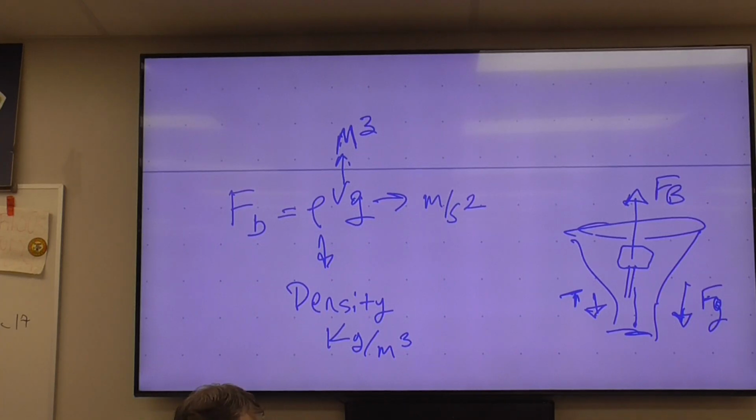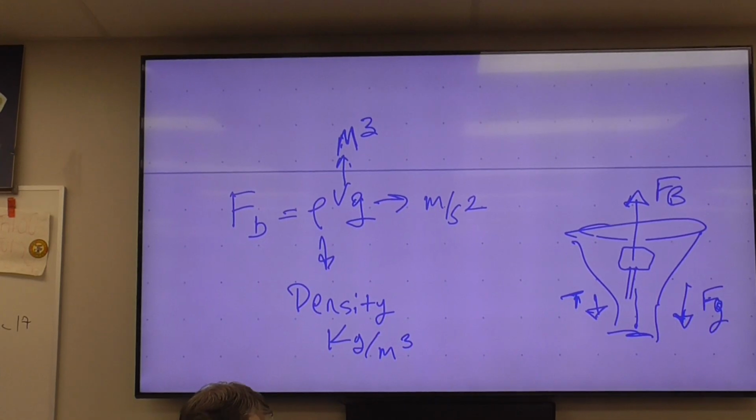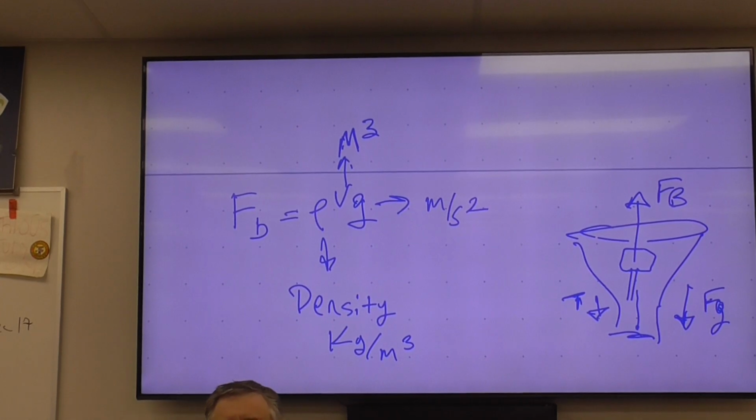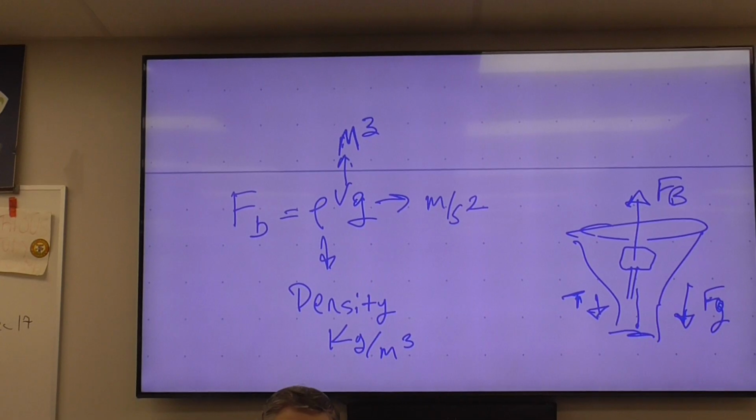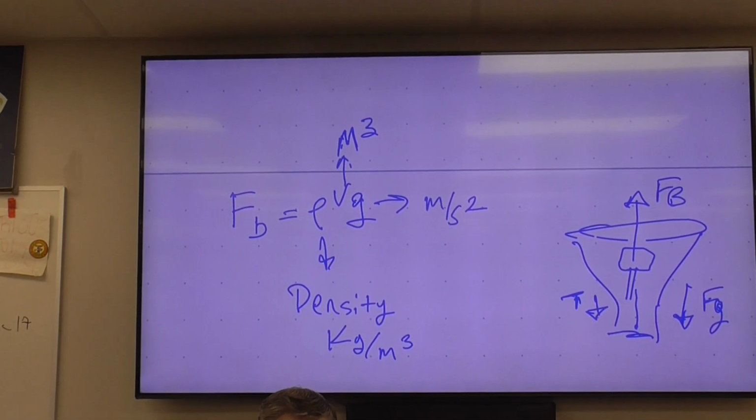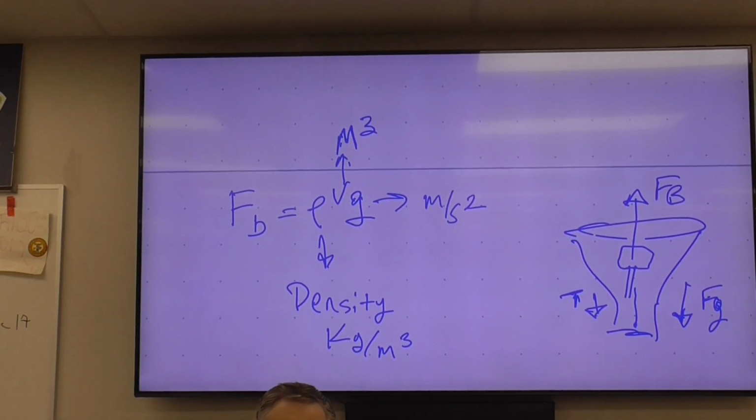So here's an interesting idea. I'm going to take this and move it very rapidly to my left. What's going to happen to the pipette on the inside? You have three options. Option one, it's just going to move with the flask and stay in the middle.